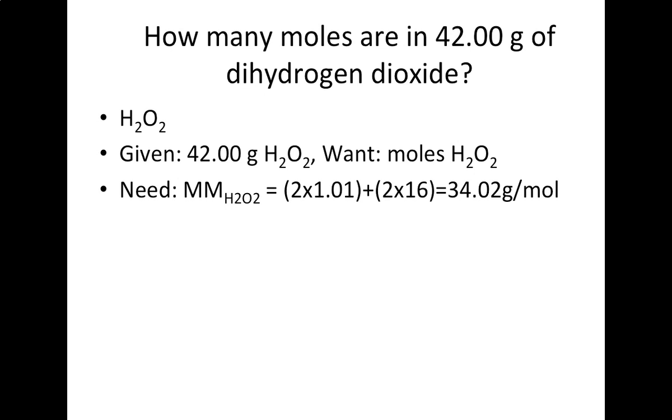So I look at my periodic table and I see that oxygen has a mass of 16. 2.02 plus 32 gives me 34.02 grams per mole. That's my molar mass of dihydrogen dioxide. I was going to say hydrogen peroxide, which is the common name of dihydrogen dioxide.